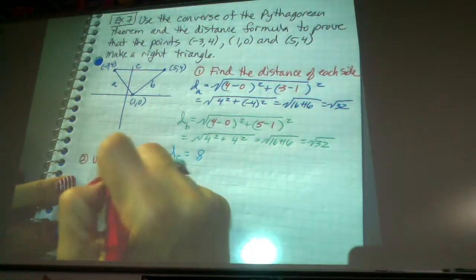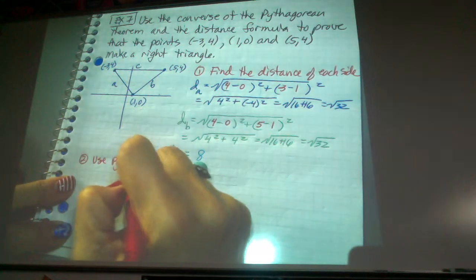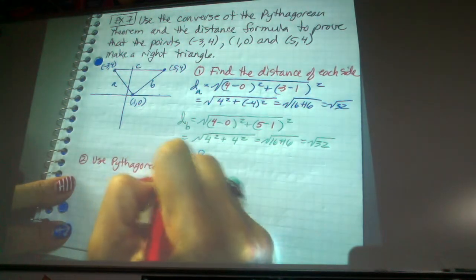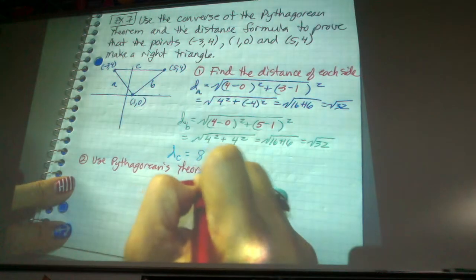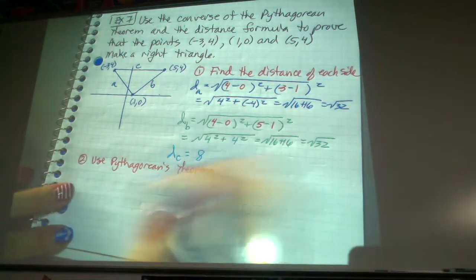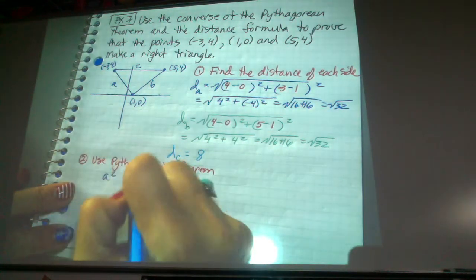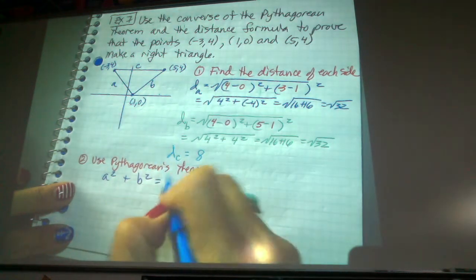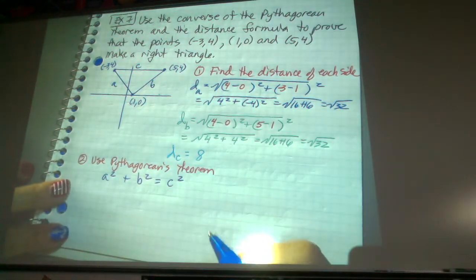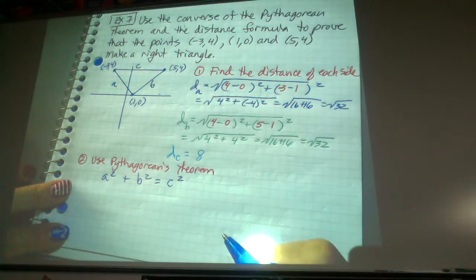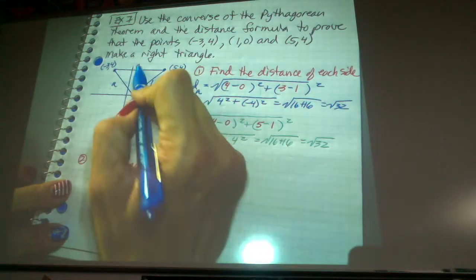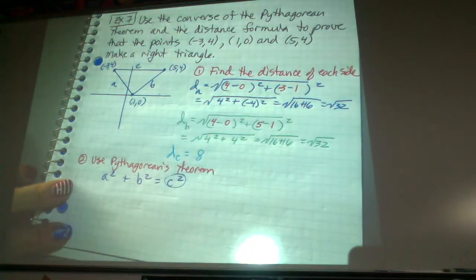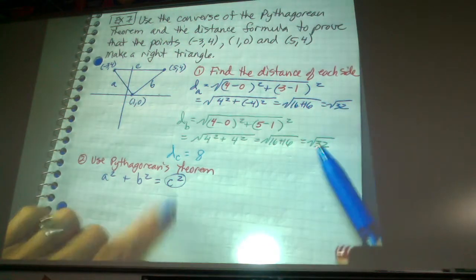So then step 2, use Pythagorean's theorem. It's a squared plus b squared equals c squared, and C should be your biggest side. Well, these are both in radicals, this is not.